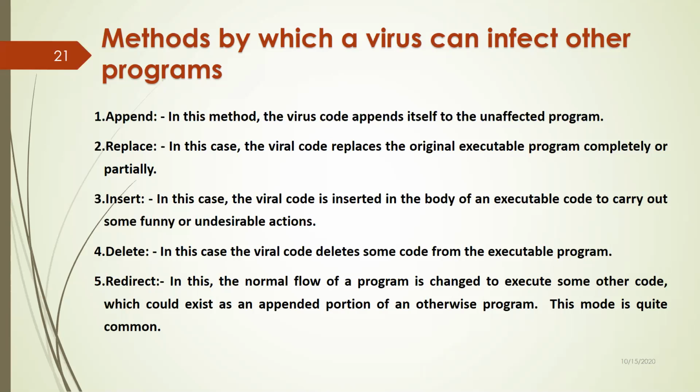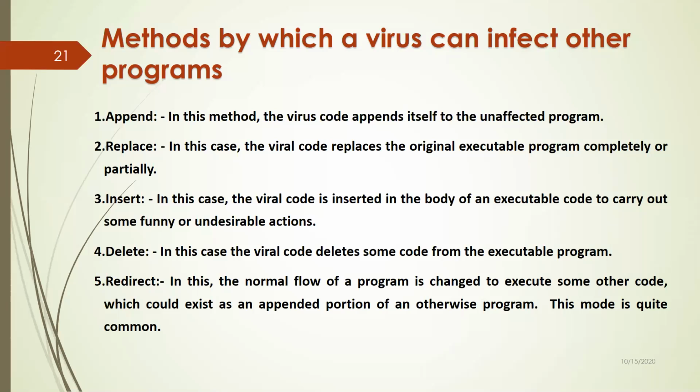Redirect. The normal flow of the program will change from one direction to another direction. If you are opening a Word document but you see it is opening Windows Explorer or any other thing, then definitely you can understand there is some virus.